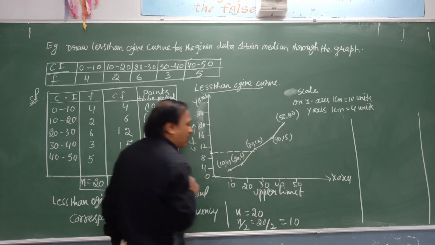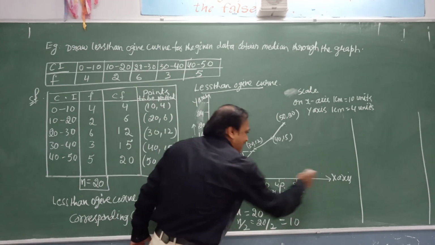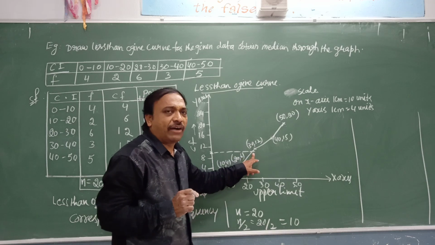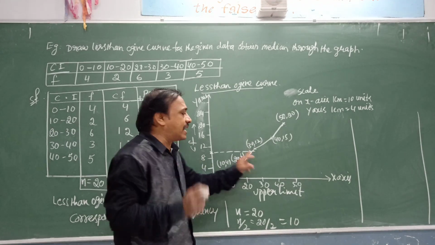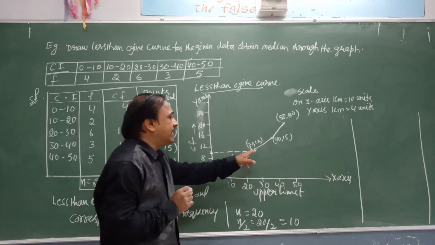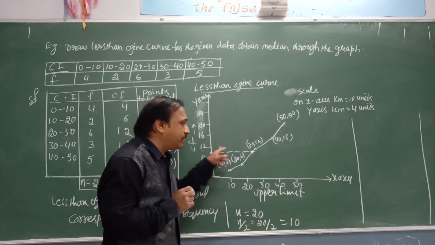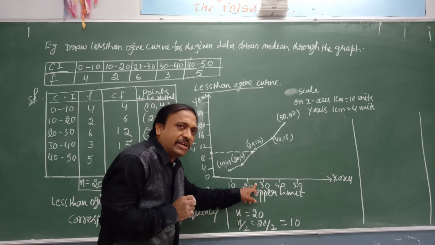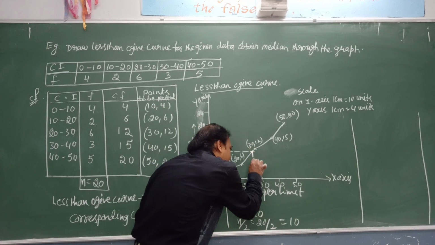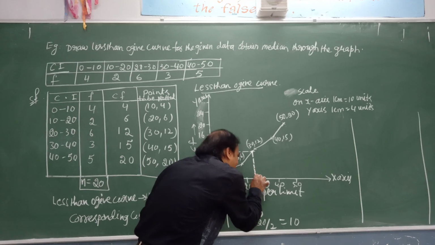Use the scale, draw the parallel line to the x-axis, where it meets the graph, from that point draw the perpendicular towards the x-axis.